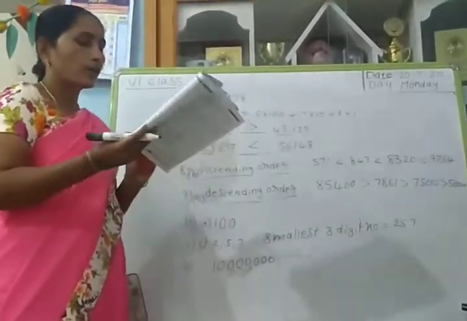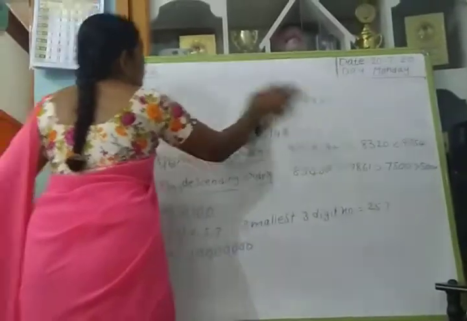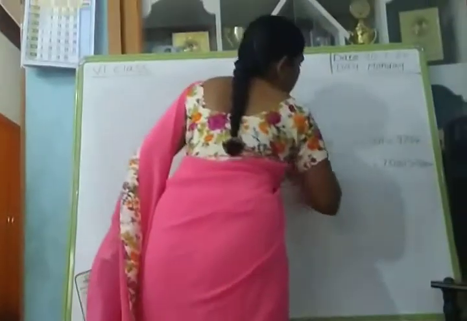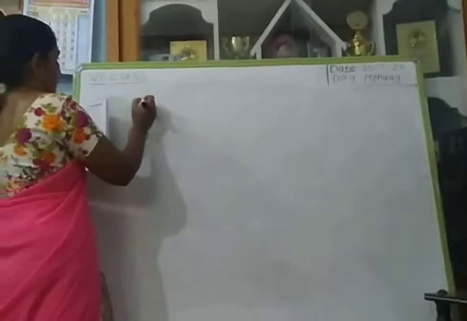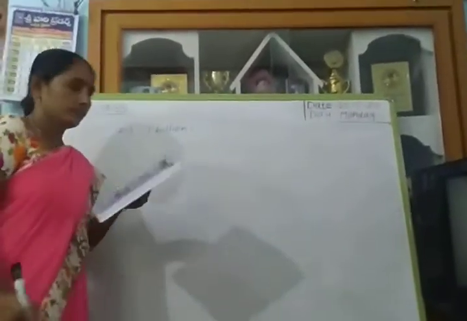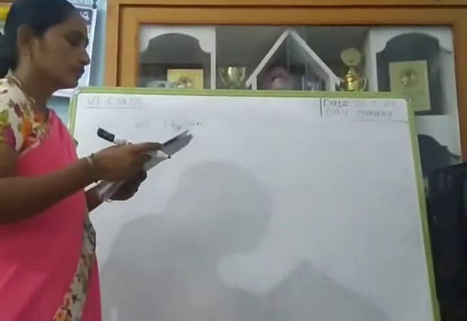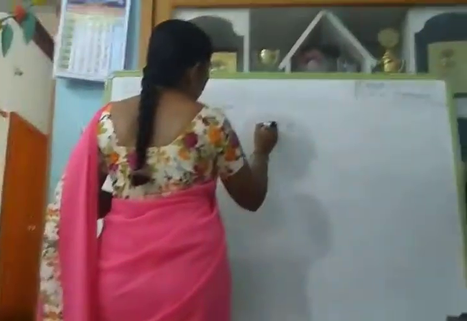So these are the homework problems, and I explained 13, 14, 15 up to 20, problems completed. So now listen to the 21st problem. First problem: 1 billion is equal to what? Here we have to write the relationship.